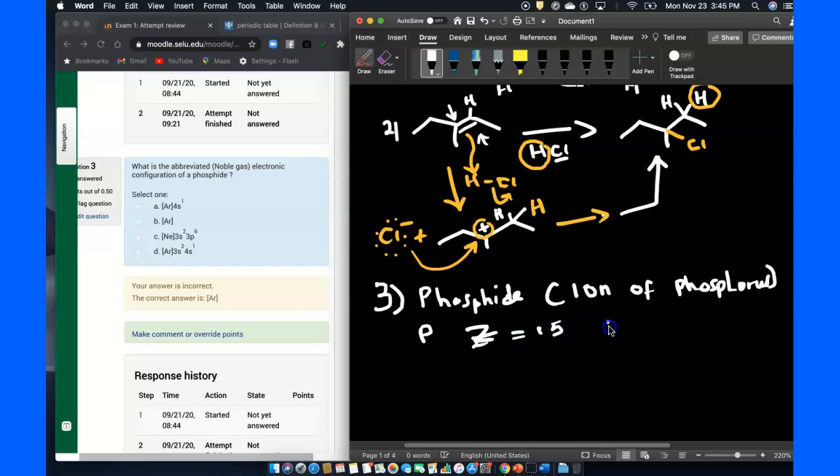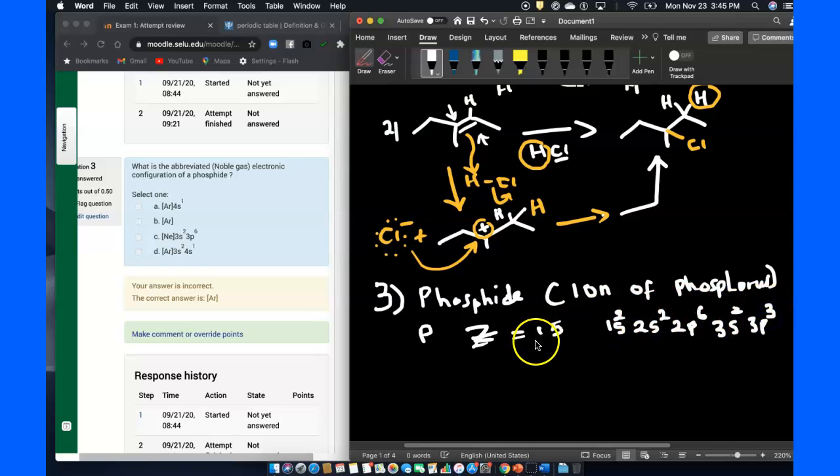So I can write the neutral electronic configuration, which is 1s2, 2s2, and then 2p6, right? Those are 10 electrons accounted for. Then 3s2, and then 3p3.